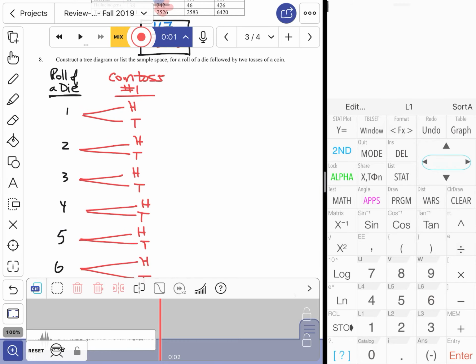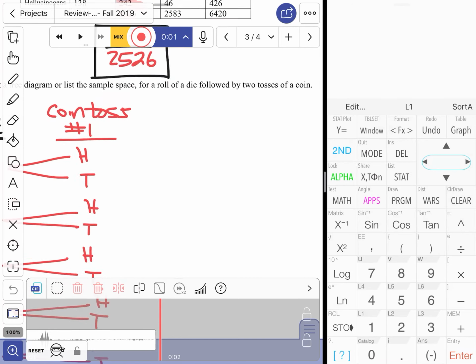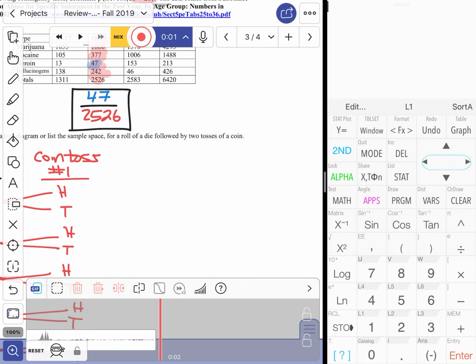So that's 1 toss of a coin. Now I need a second toss of a coin. All right, so coin toss number 2.